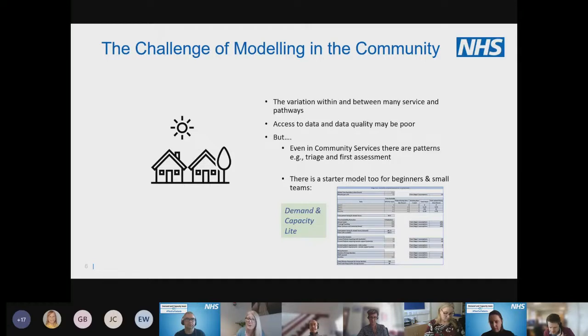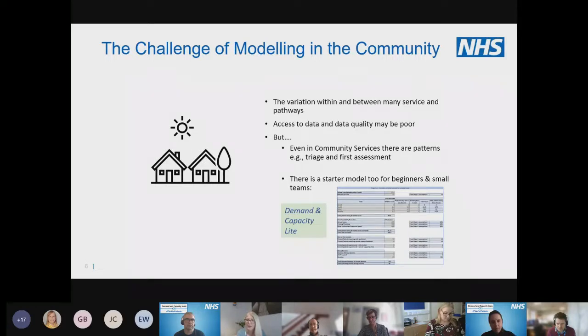But even with community services of different models, there generally is a pattern that patients follow, and pathways which are quite common to those services. Generally we have a referral that comes in, a triage of that referral to look at urgency and appropriateness for the service, and then a first assessment, so that's a visit or a remote assessment of the patient. They are very similar patterns regardless of what the service actually looks like.